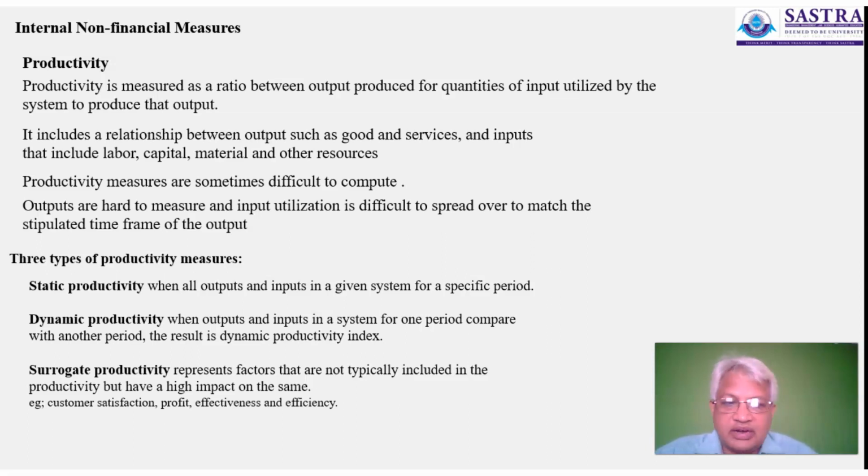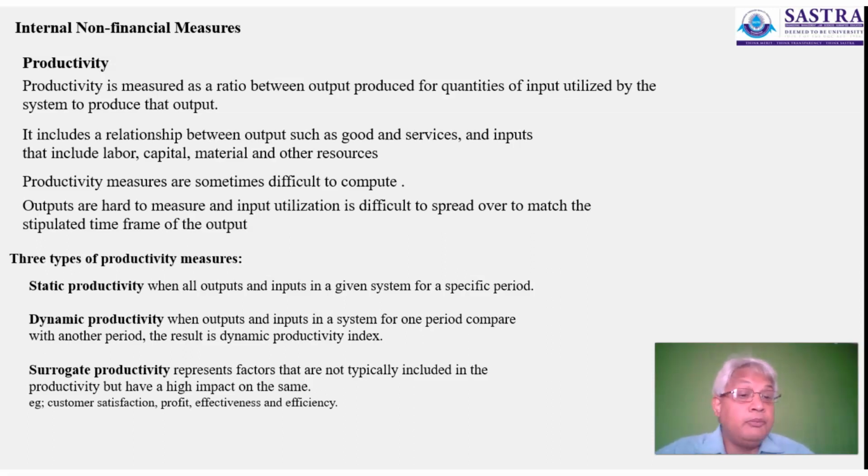That is known as static productivity. Practitioners and firms are more interested in dynamic productivity, because dynamic productivity gives a comparison between what productivity was previously and what it is currently. That means two static productivities are compared. That is what makes it dynamic. So when outputs and inputs in the system for one period are compared with another period, as given in your material slide, the result is dynamic.